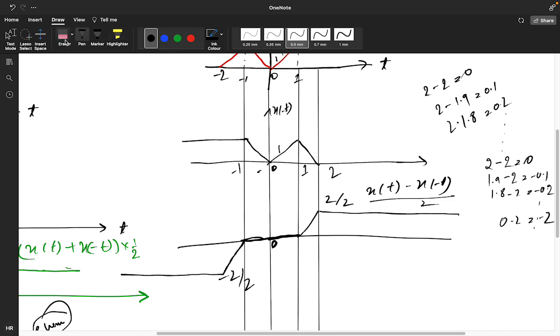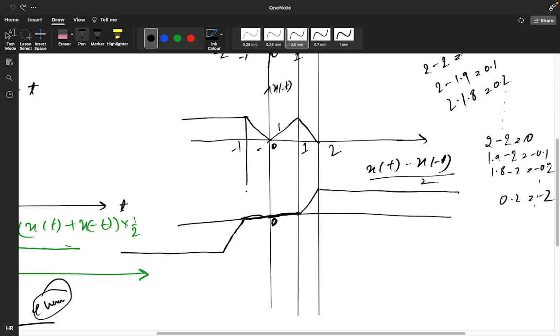So you will get the curve of, so you are getting, this is 1, this will become 1. So you are getting the curve. This is your x odd function.